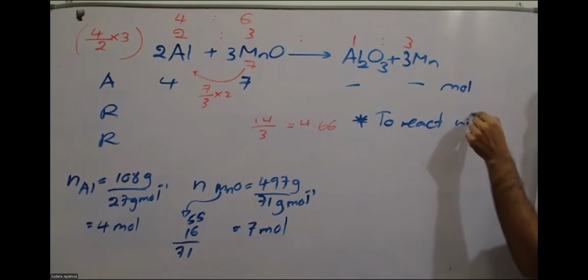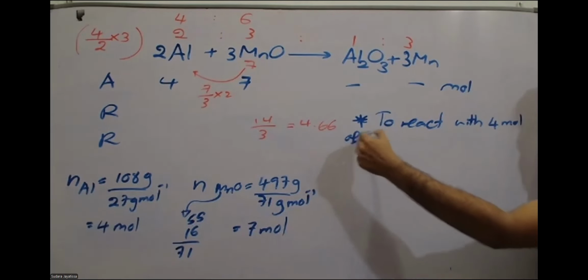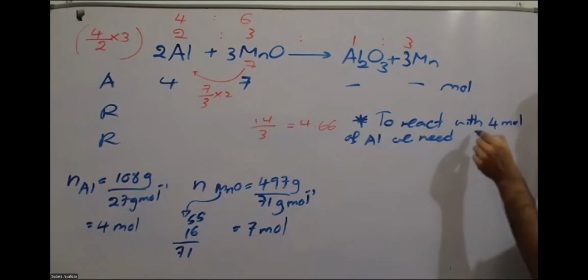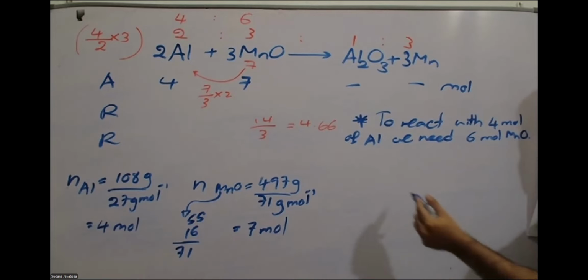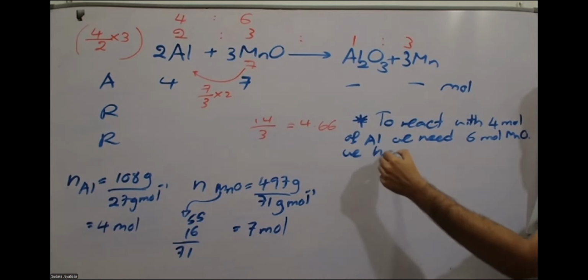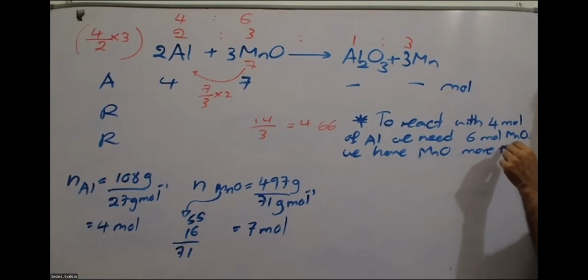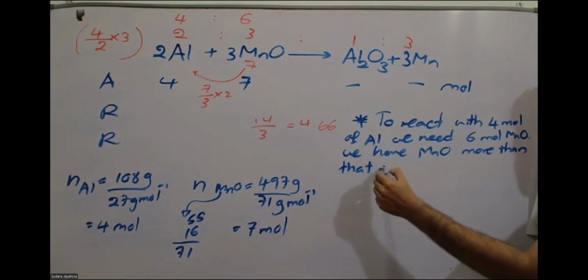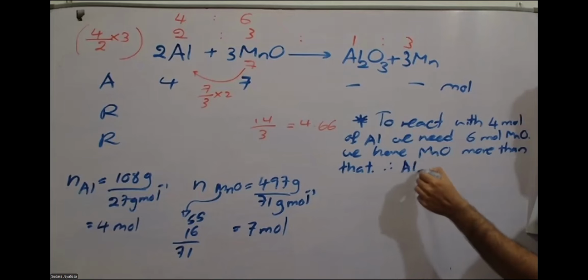To react with 4 moles of aluminium, we need 6 moles of MnO. We have more MnO than that. Therefore, MnO is in excess and aluminium is limiting.